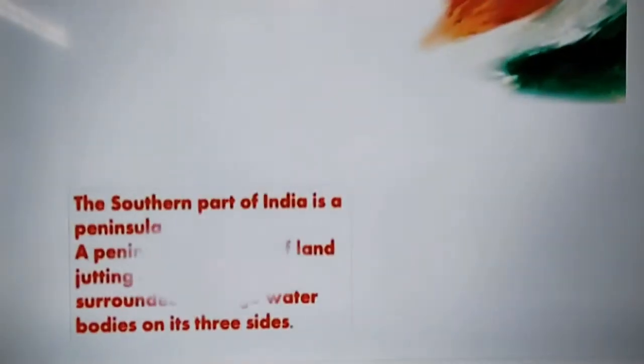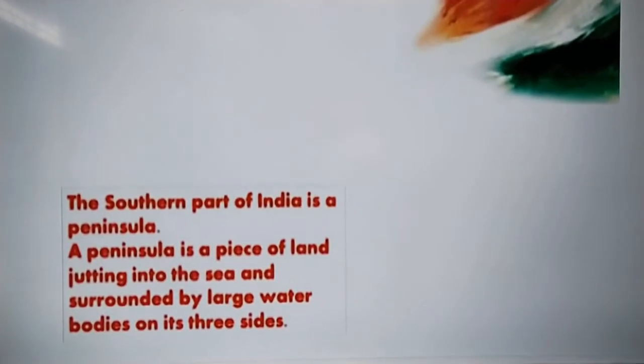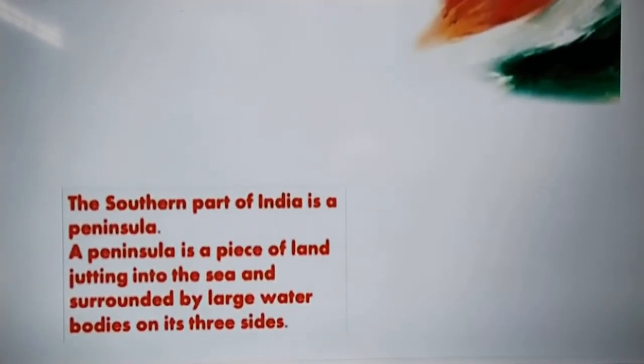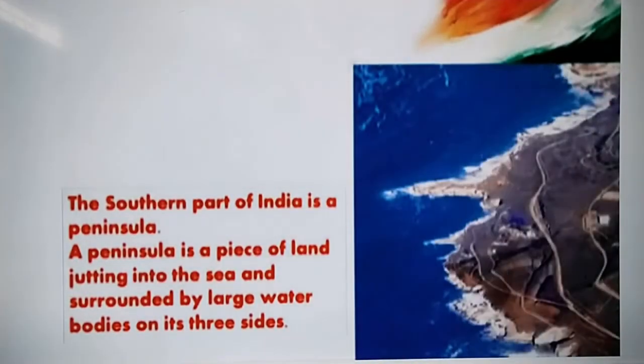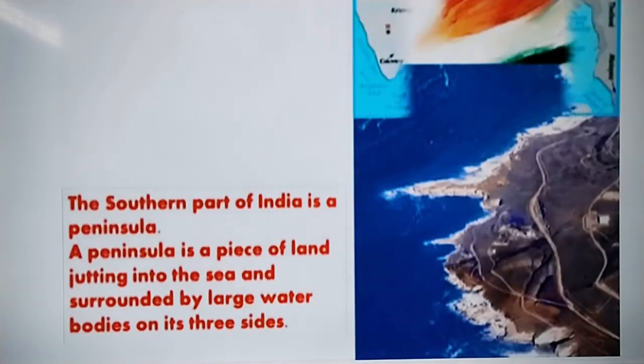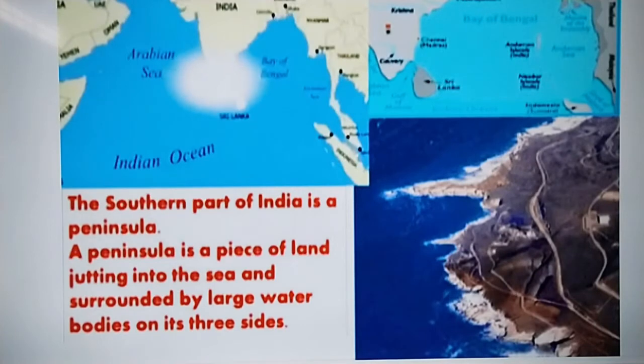The Deccan Plateau and the Ghats. The southern part of India is a peninsula. A peninsula is a piece of land jutting into the sea and surrounded by large water bodies on its three sides. The Indian peninsula has the Bay of Bengal to its east, the Arabian Sea to its west, and the Indian Ocean to its south.